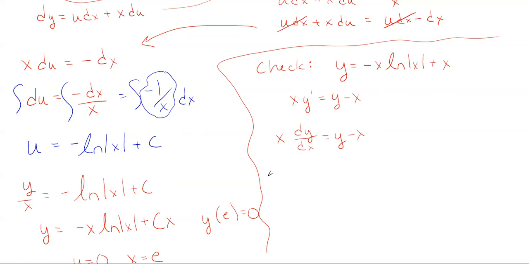So let's plug it in here. We would have x times the derivative of our y equation with respect to x, which is minus x natural log of x plus x, is equal to that same y equation on the right side of the equation, and then minus your little x over here.